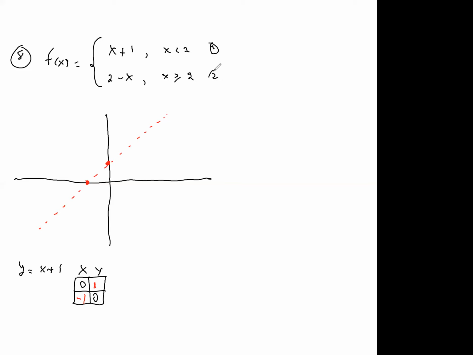Now I'm going to use the second one. Y is equal to -x. And again, I'm going to use intercepts. What happens when x is equal to 0? And what happens when y is equal to 0?